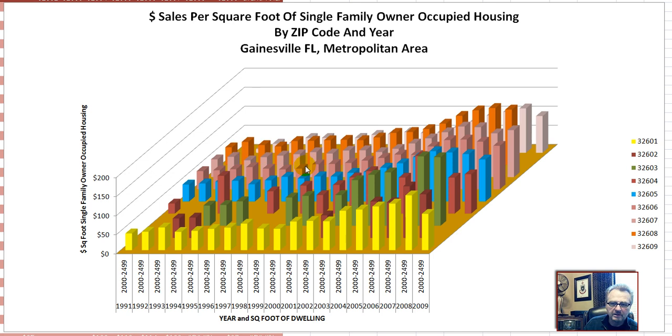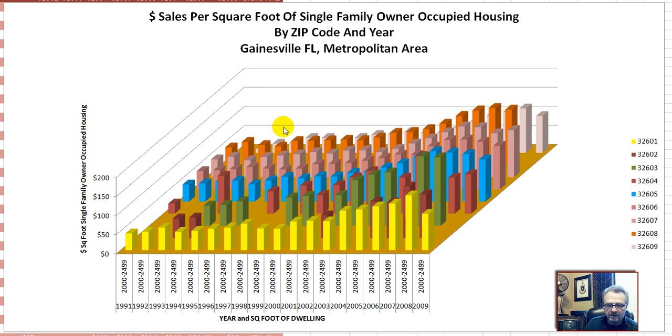Rust color, zip code 32608 is a large zip code that spans east and west of the Interstate I-75, but it also is the location of one of Gainesville's premier neighborhoods, which is Hale Plantation, and that can be searched on your internet browser. There is a Wikipedia page on Hale Plantation. It's about a 2,000-acre golf course community, new urbanist in part.